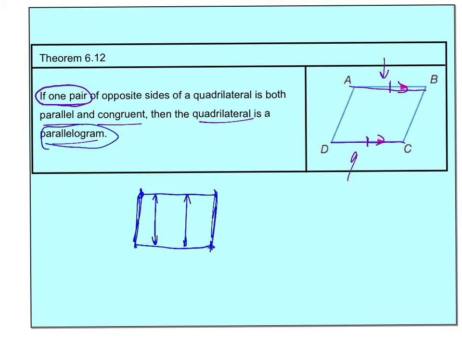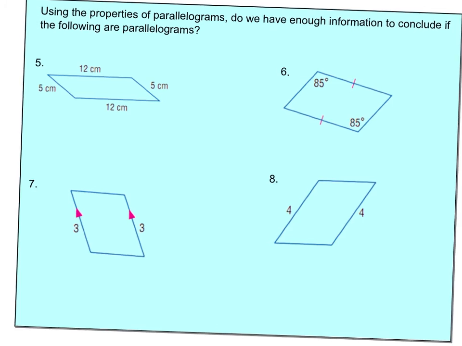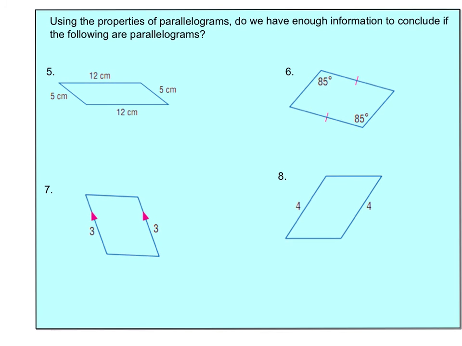And if you didn't 100% follow that, that's fine. I'm not asking you to prove why it works or try to decipher why that's a true statement. But I just want you to realize that if you can recognize one pair congruent and parallel, then you're good. So based on our properties, do we have enough to say yes?